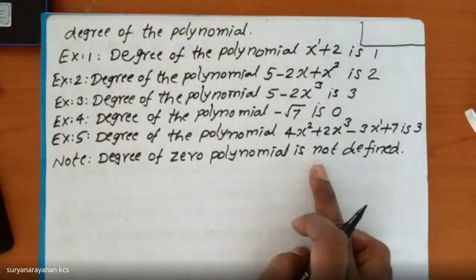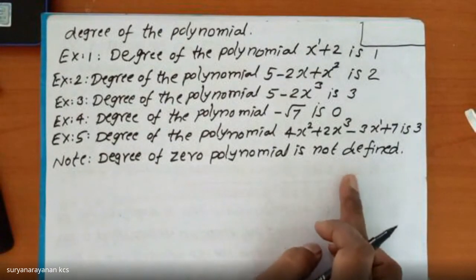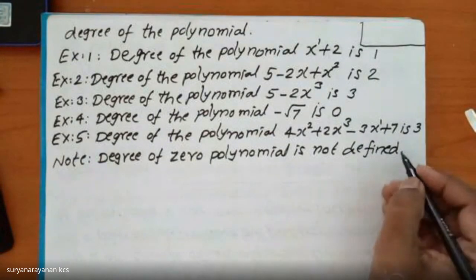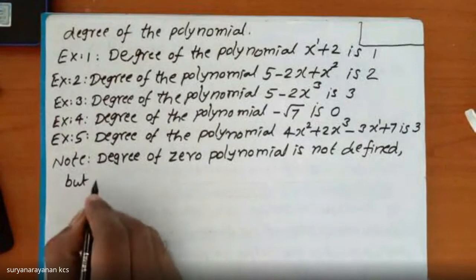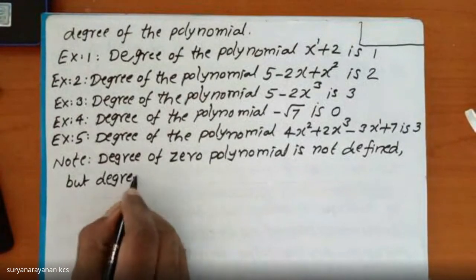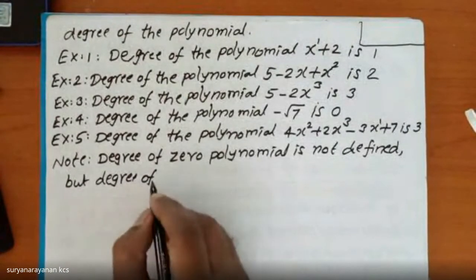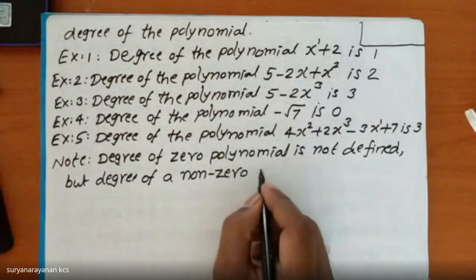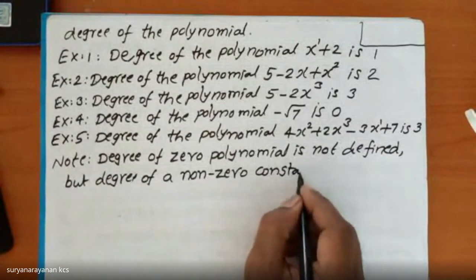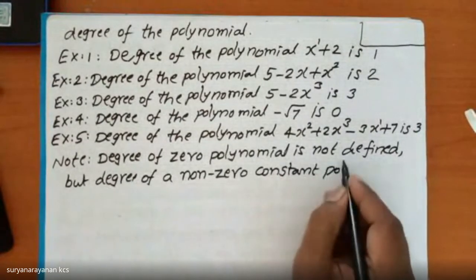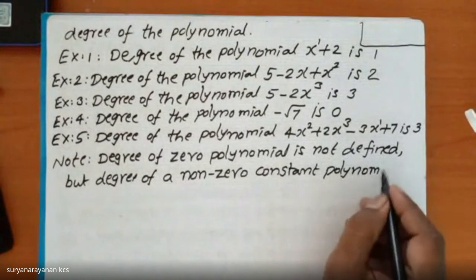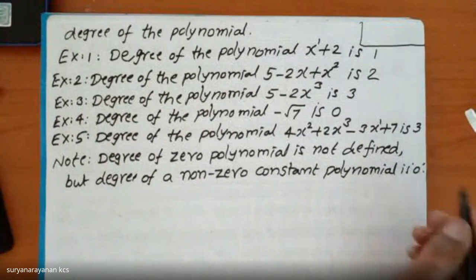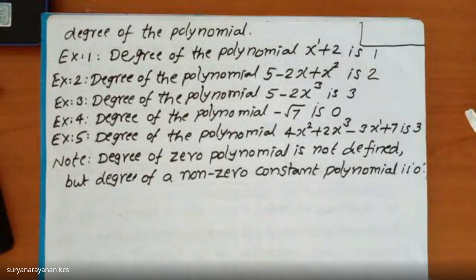But the degree of a non-zero constant polynomial is 0. Okay, please remember these points, my children.